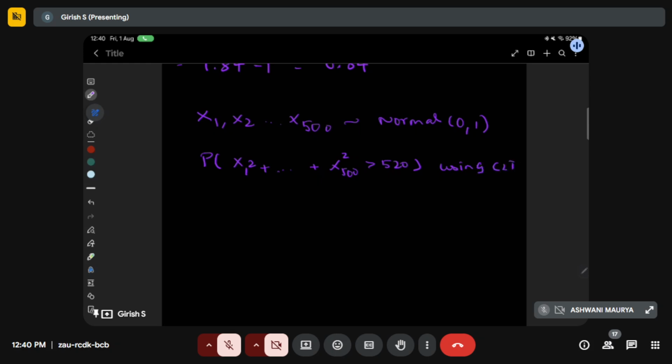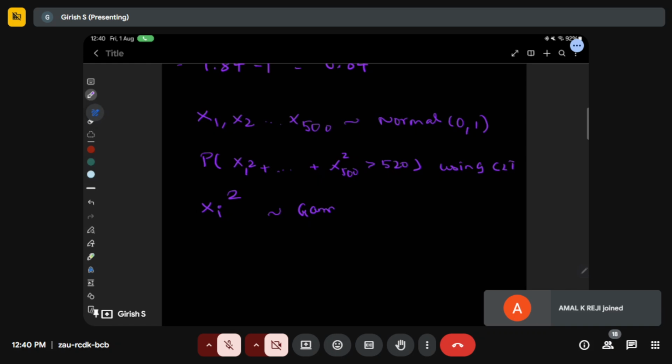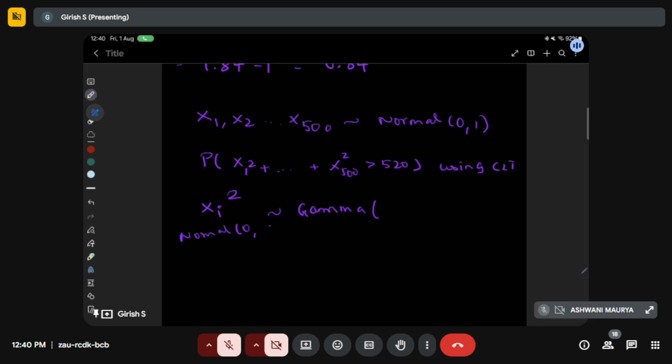Okay, I'll tell you one of the properties again now. If xi follows normal distribution, then xi square will follow gamma distribution. If xi follows a normal distribution of 0 comma sigma square, then xi square forms a gamma distribution with 1 by 2 comma 1 by 2 sigma square.